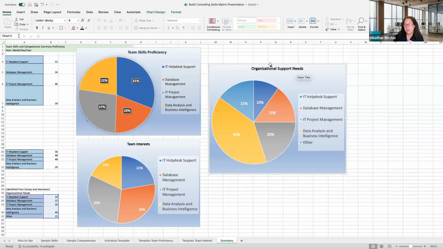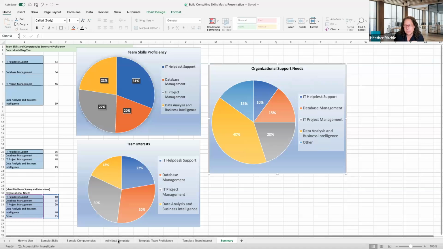And so this might be in the form of a chart. I did it here to show how you could look at it against other charts. It might be that you just have the top 5 items that have come up by talking to people in your organization, and you see if that aligns with where your proficiency and interests are with the team.